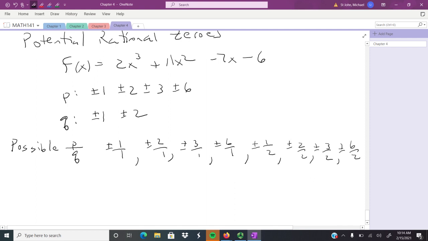And then we could simplify this list. And so we're left with plus or minus 1, plus or minus 2, plus or minus 3, plus or minus 6, plus or minus 1/2, and plus or minus 3/2 as the possible zeros we could have for this one.